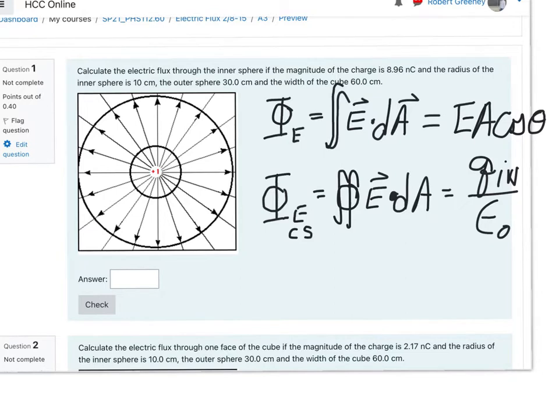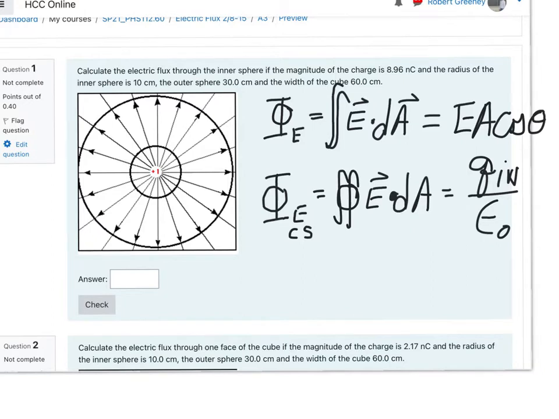So when you see this circle, you see how many field lines? Looks like 20 lines. So 20 lines pass through this surface, 20 lines pass through this larger circle or spherical surface, and 20 lines pass through this square or cube, if you think of it in 3 dimensions. So these are all different surfaces, but they all have the same flux. Why?